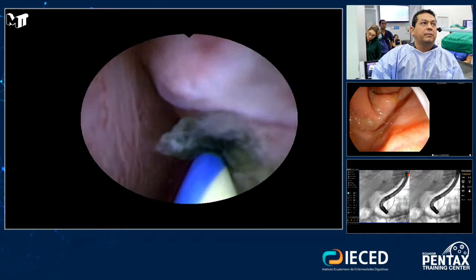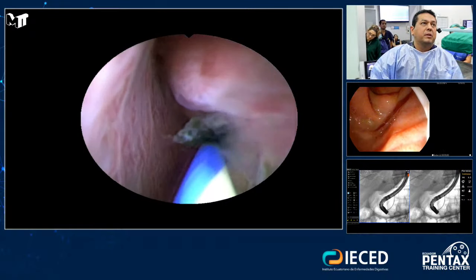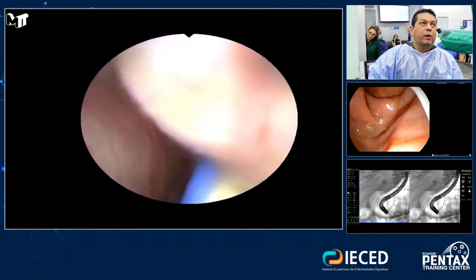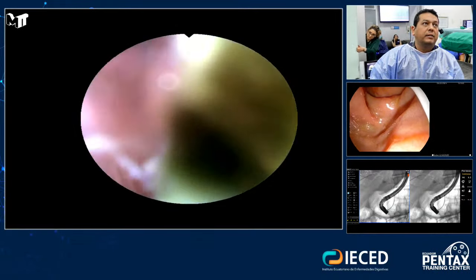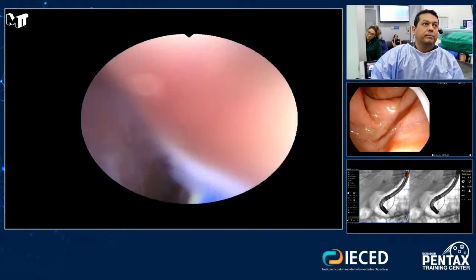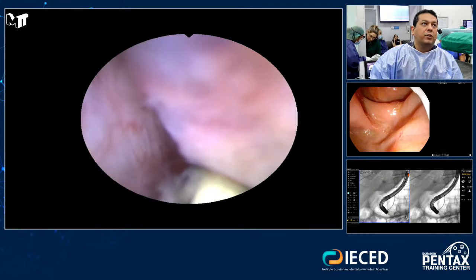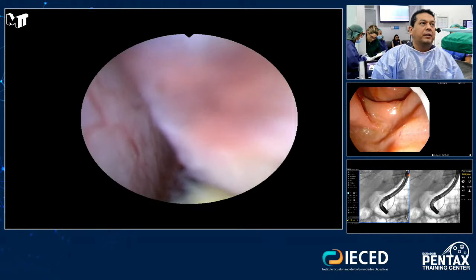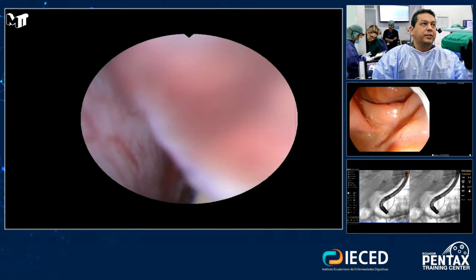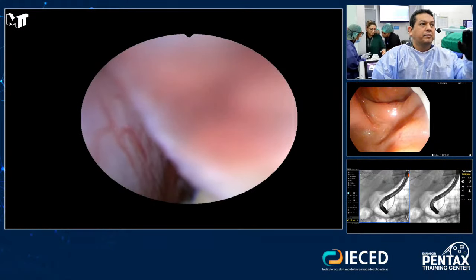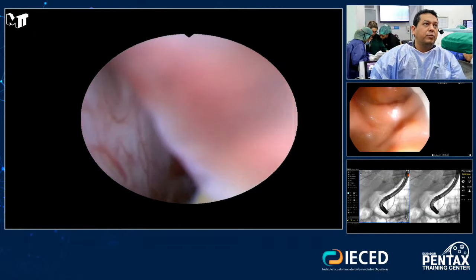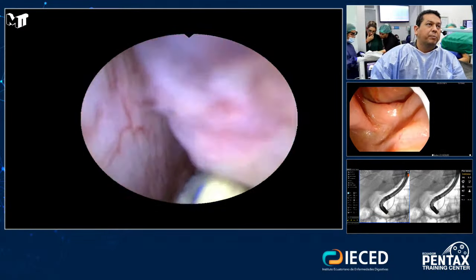When you see the surface of the biliary tract, you can see very well that there is not this papillary projection or distortion of the biliary tract. In the middle circle to the left, the surface is perfect, and the surface in front is also perfect.